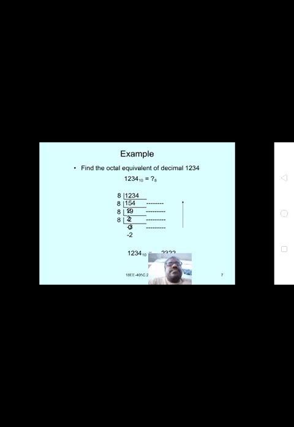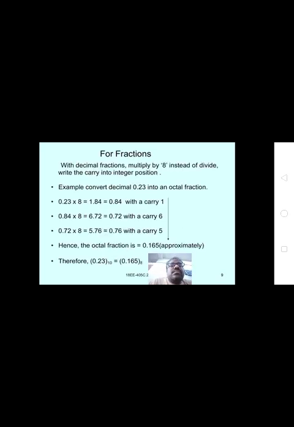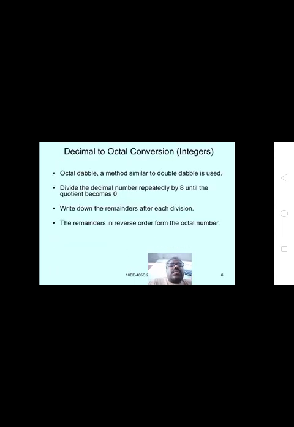Divide the decimal number repeatedly by 8 until the quotient becomes 0. Write down the remainders after each division. The remainders in reverse order form the octal number.